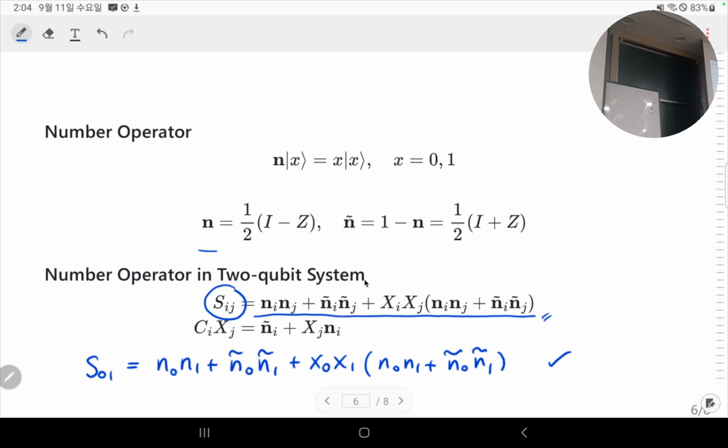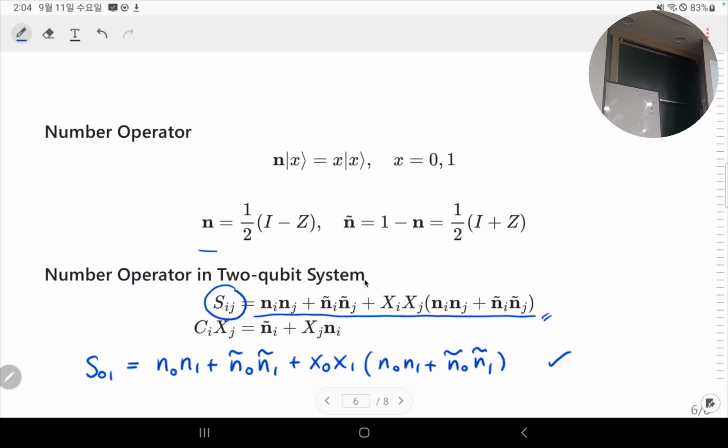How do we swap? NI NJ, swap NI NJ? Right, so it's not the same NI NJ tilde. It's NI tilde NJ, NJ tilde, NJ, NI, NJ tilde. So the position of the tilde must be switched.